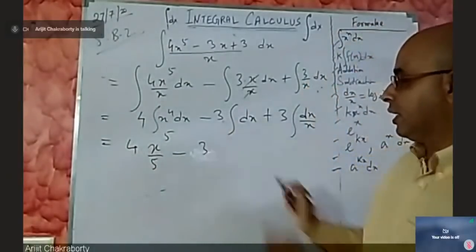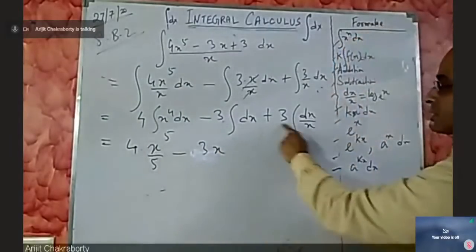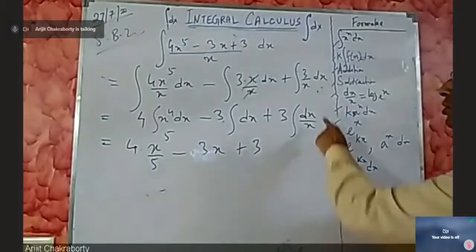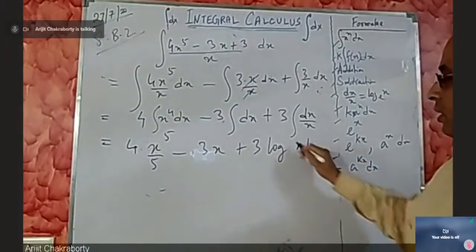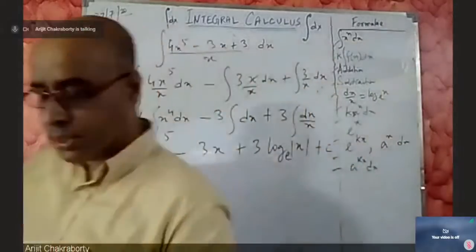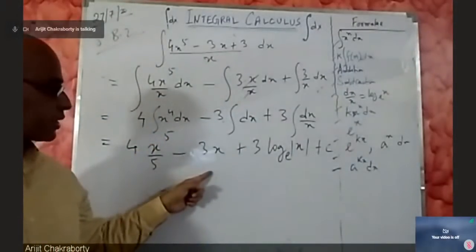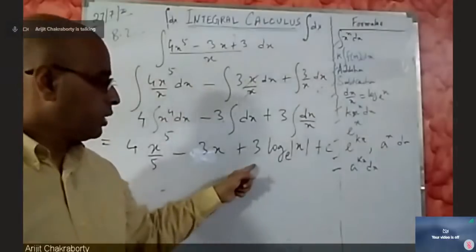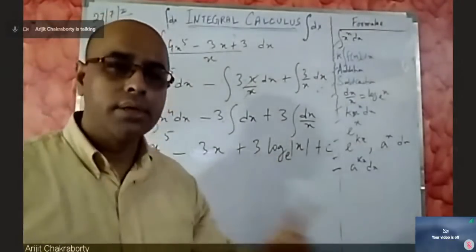Minus 3 dx, integration of dx is only x, plus 3 into dx by x, we know this is equal to log x to the base e plus the constant c. So we have got the answer 4 by 5 x to the power 5 minus 3x plus 3 into log x to the base e plus c.